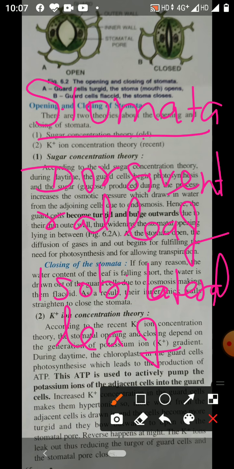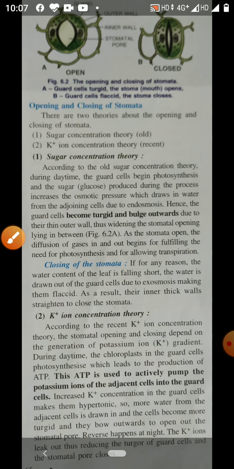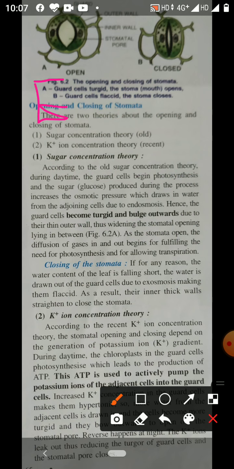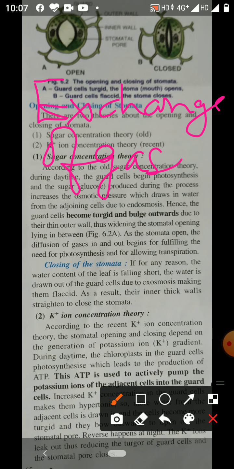Stomata are the openings through which, during the daytime, the leaves of the plant take carbon dioxide from the atmosphere for photosynthesis, and through the same openings they give out oxygen gas. It means exchange of gases occurs through the stomata.